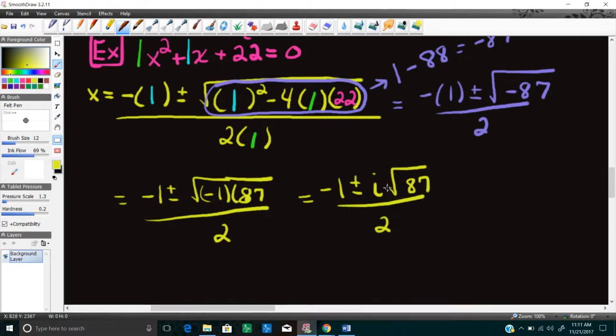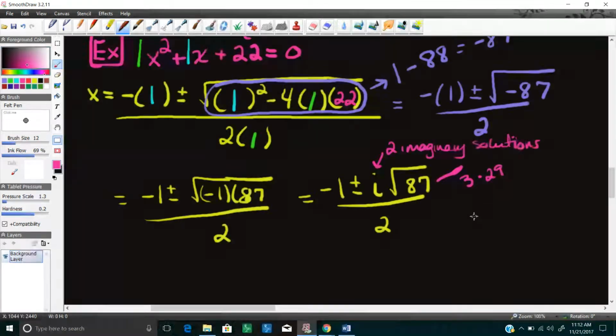From here, all I can really do is see if 87 is factorable. Because of this i right here, there's only going to be 2 imaginary solutions, which is something we really can't see on a graph. We can guess where they're at, but we can't tell exactly what they are, at least not on the XY plane. For 87, I believe this one is going to stay the same because the only factors are 3 times 29, and those are prime.